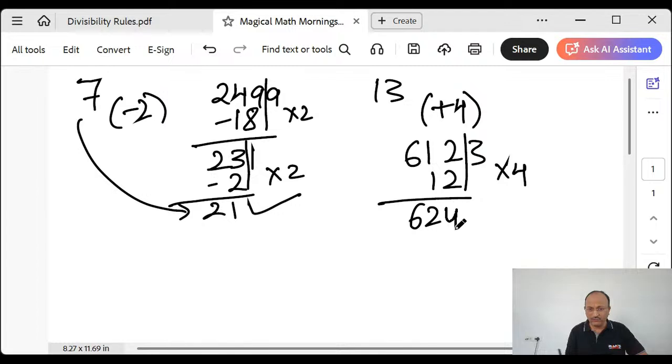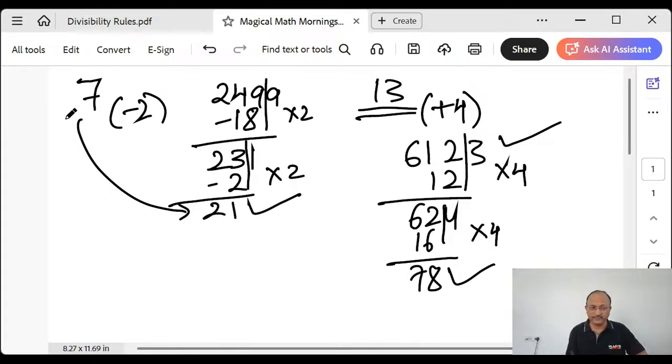You will get 624. And if you still have doubt, last digit you multiply by 4. 4 fours are 16. You will get 78. Yes, 13 sixes are 78. Therefore, this number is divisible by 13. Now we are going to extend the same to the numbers 17, 19, and 23 today.